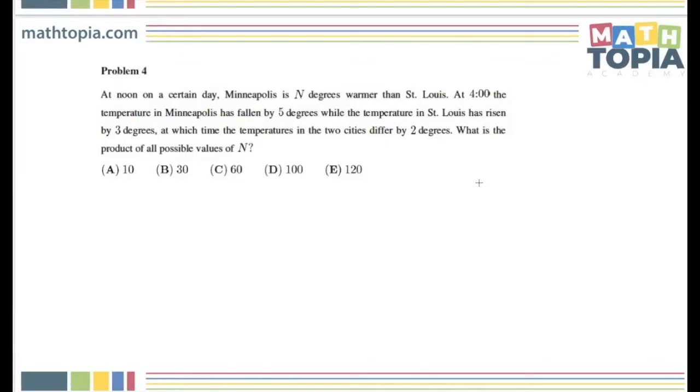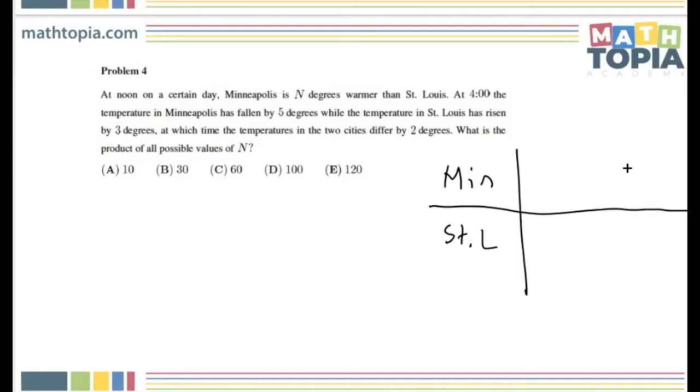Well, here's Minneapolis, here's St. Louis, here is noon, and here is 4 o'clock. At noon, the temperature in Minneapolis is n degrees warmer than St. Louis.